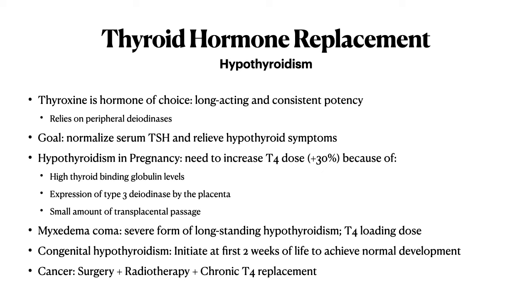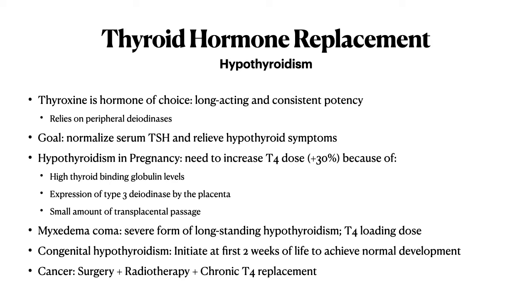So, in pregnant women who, aside from the requirements of the mother, will have to provide the thyroid hormone requirements for the developing embryo and fetus, there is a need to increase the T4 dose because you have in pregnancy high levels of thyroid binding globulin.